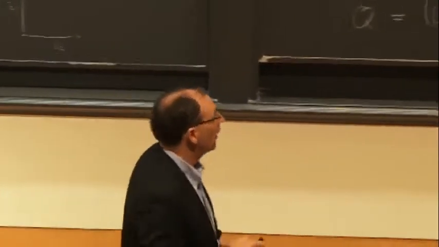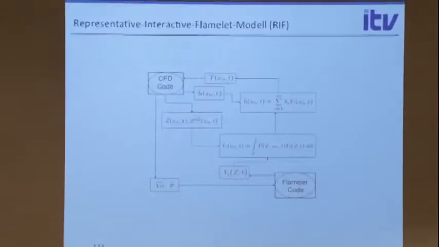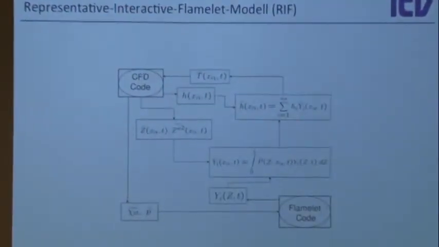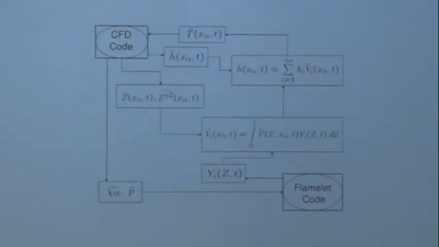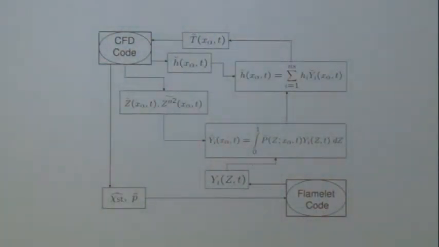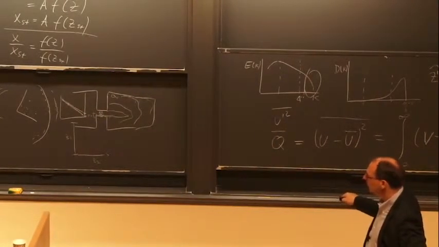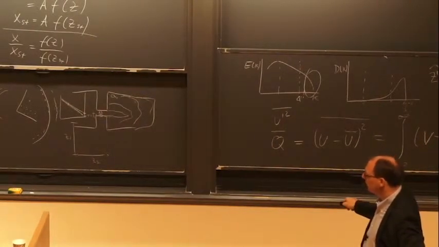No. I mean, you have these flamelet solutions, and from these you compute the means. And now here, you use this. That's what we discussed in the break earlier. Here you would get some correlations between temperature and mass fraction, which are usually neglected because they don't make much of a difference.